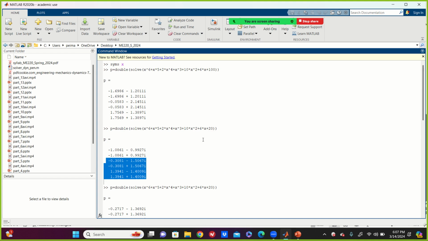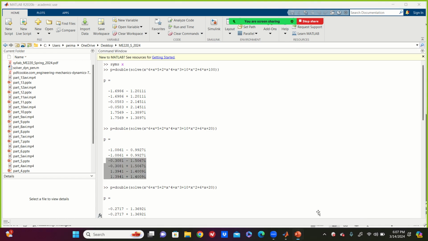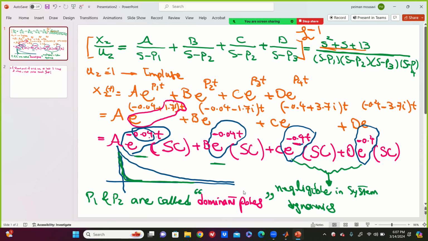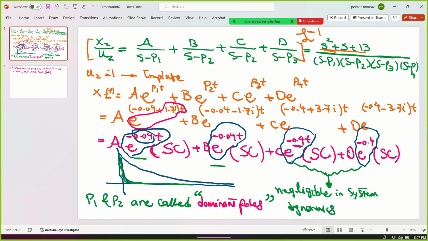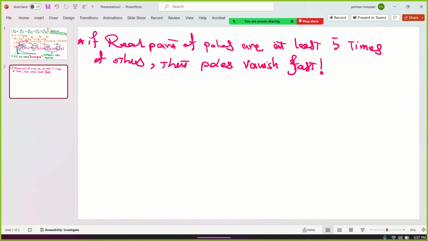Guys, for the Simulink, go and try this and see what the system behavior is.